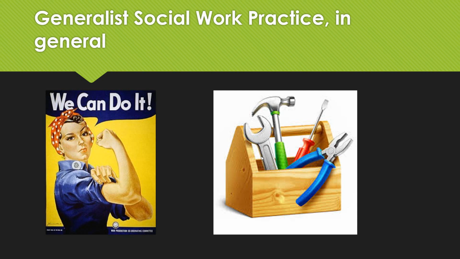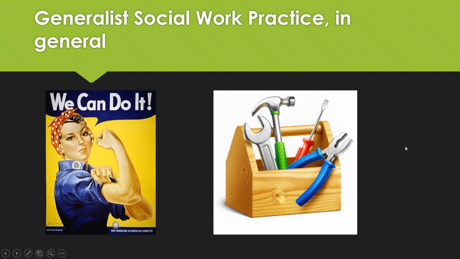So we need to be able to have a lot of tools to work with in order to serve clients. We need to know more than just one thing. We need to be flexible enough to do a number of things. And that's really what eclectic knowledge base for professional problem solving is all about.